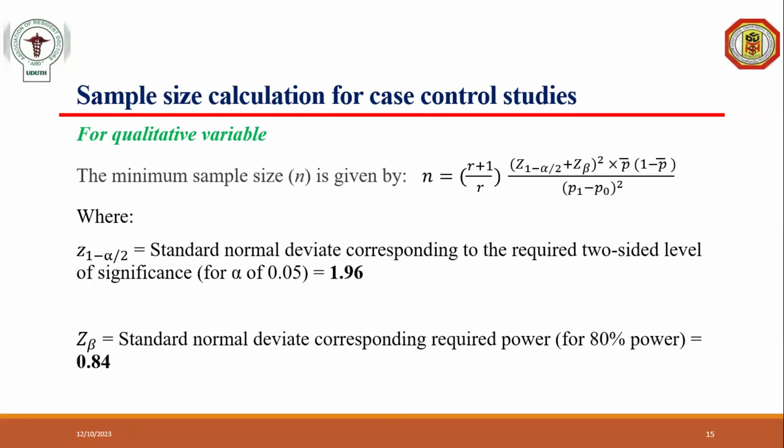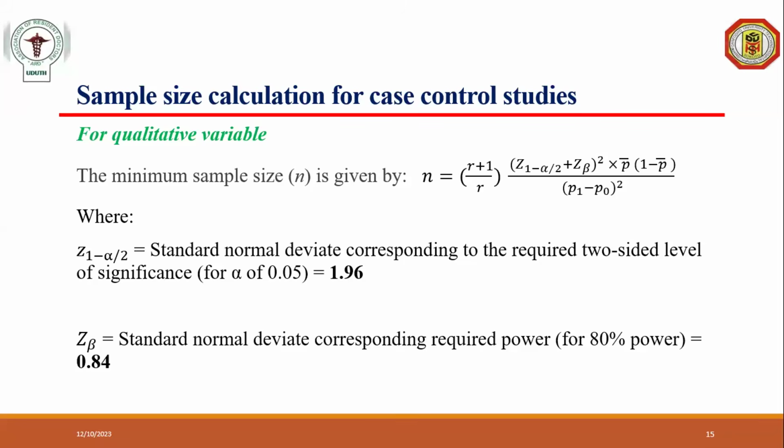For a qualitative outcome, the minimum sample size is N equal to (R plus 1) over R times (Z alpha plus Z beta) squared times P bar into (1 minus P bar), all over (P1 minus P naught) squared, where Z alpha is as stated previously.